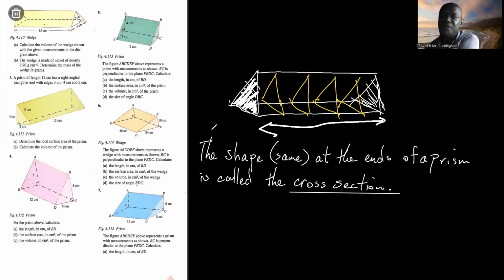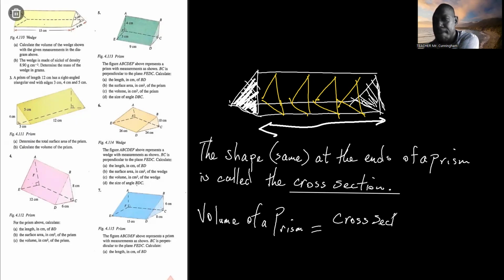So the volume of a prism, sorry, not area, is equal to the cross-section area multiplied by the length.